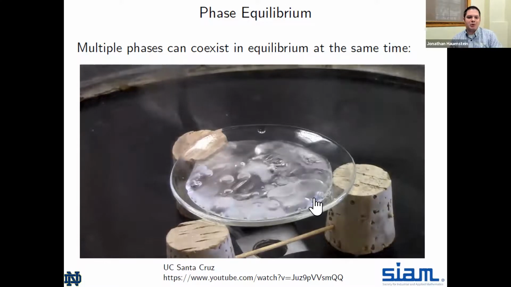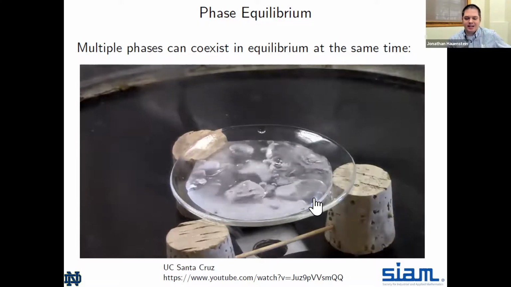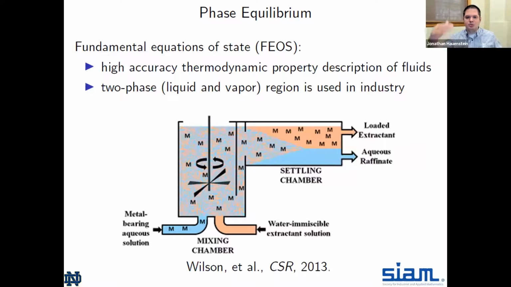This is very important in applications. It allows you to separate things. In particular, the most often used in industry is the two-phase equilibrium, where you can separate liquid and vapor from each other.